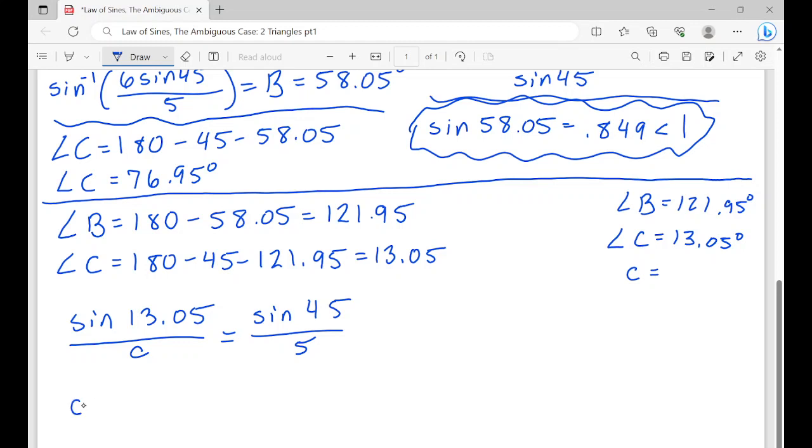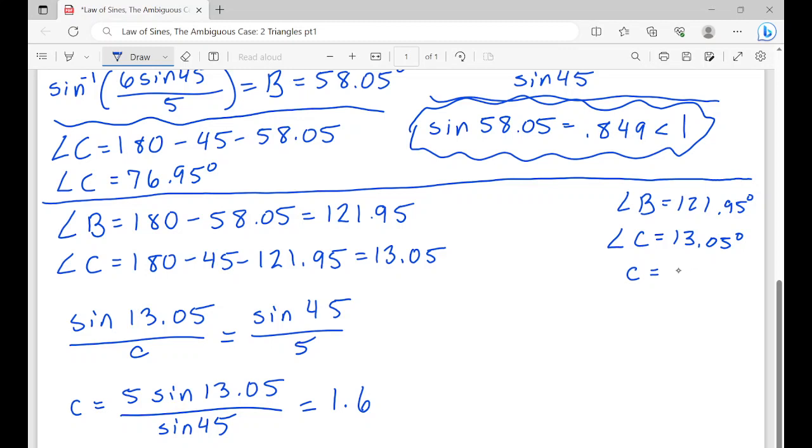I'm going to end up getting C equals 5 sine of 13.05 over sine of 45. And now I'm going to plug this into the calculator, and that's going to give me a very small 1.6.